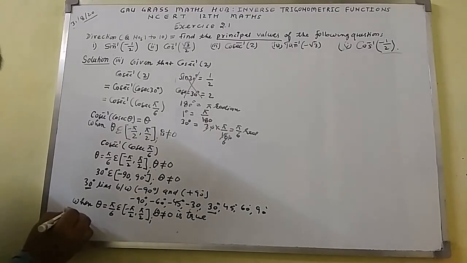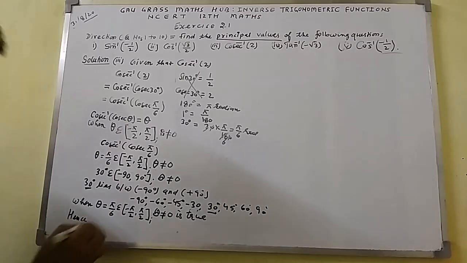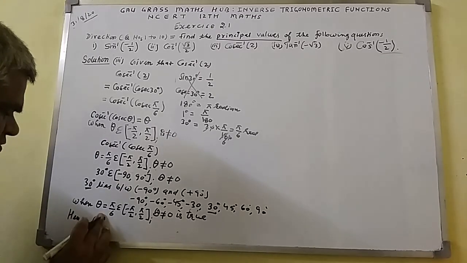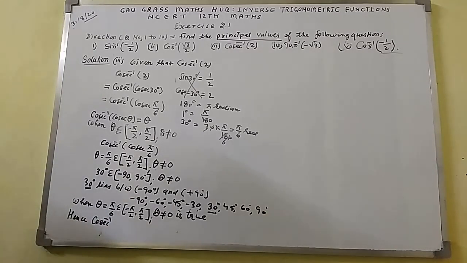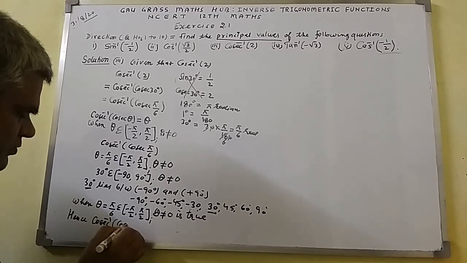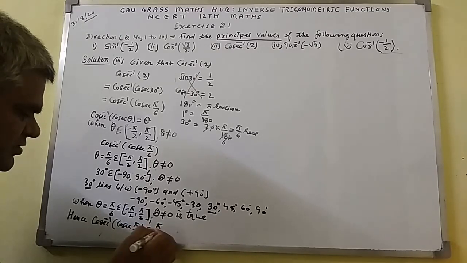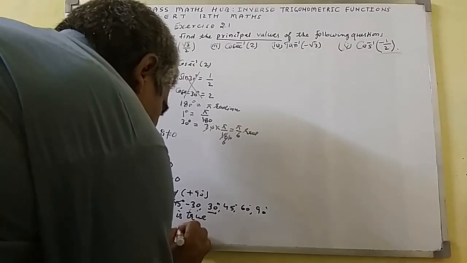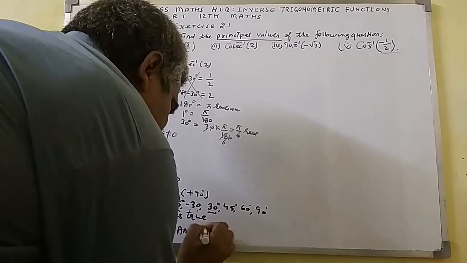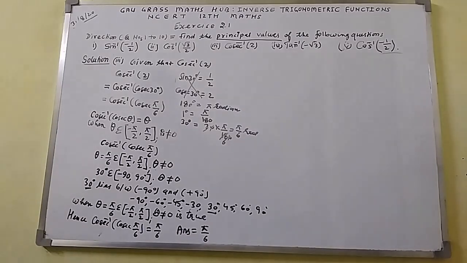Hence, I can write very well cosec inverse cosec pi by 6 equal to pi by 6. So here I can write answer equal to pi by 6. This is the correct answer I have given. Answer is equal to pi by 6. Let us check the answer here.